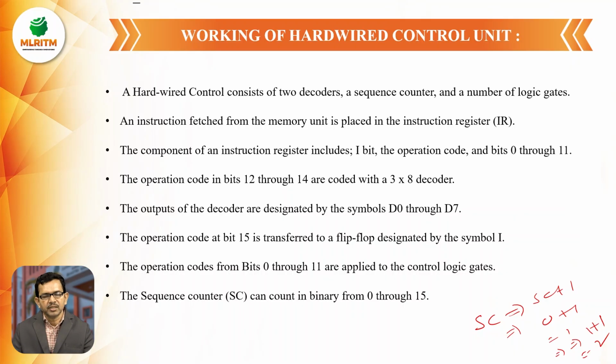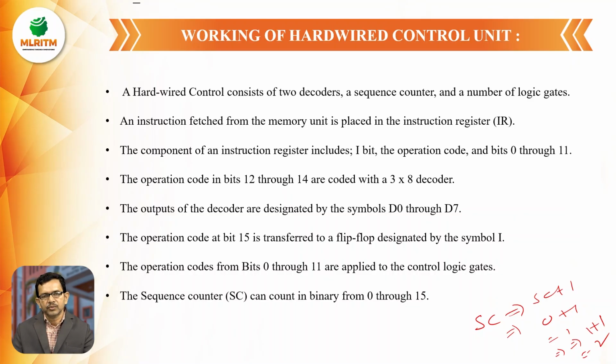Finally, we can say the hardwired control unit mainly depends on the decoders, that is the 3 by 8 decoder and the 4 by 16 decoder. After that, the instruction register IR plays a very important role, where it categorizes the data or address register, then implements the opcode, and finally indicates.